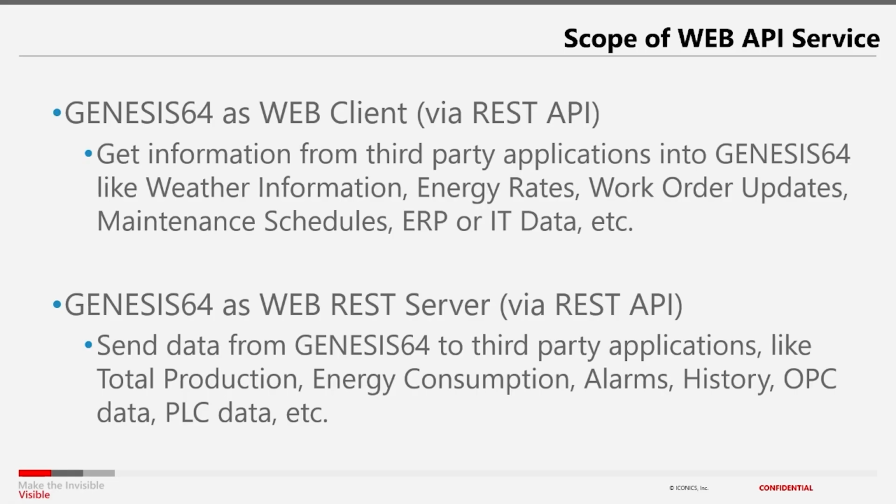For example, if the customer has total production, energy consumption, alarm history, or any OPC data that they want to send out, they can send it out via this REST API. And as a client, if we want to receive information from a third party, like weather information or energy rates, that is when Genesis works as a web client. Yes.